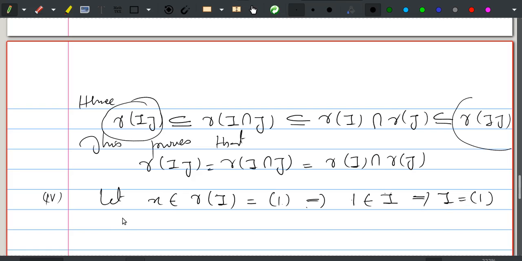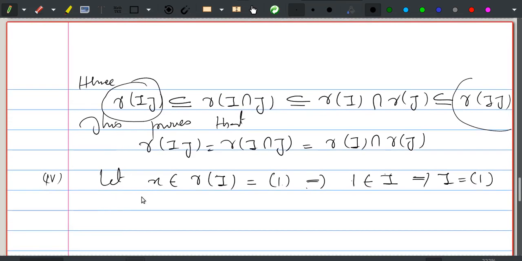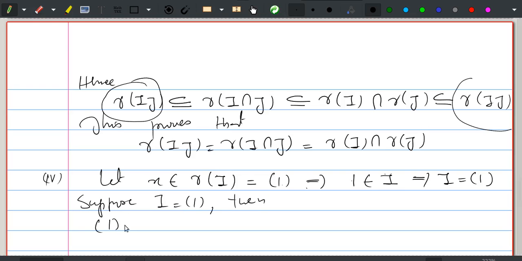Now suppose I is a unital ideal. Then this unital ideal, which is called I, is contained in the radical of I by item second, and the radical of I is an ideal in A, and A is actually the unital ideal.